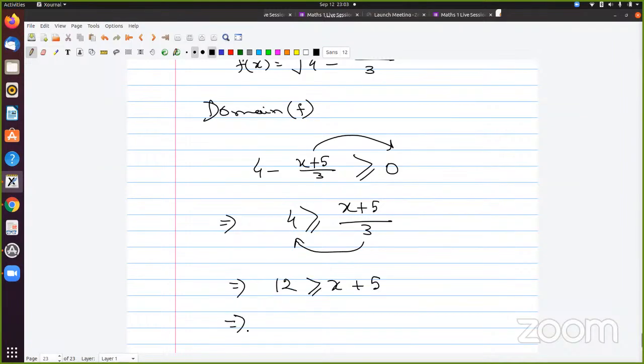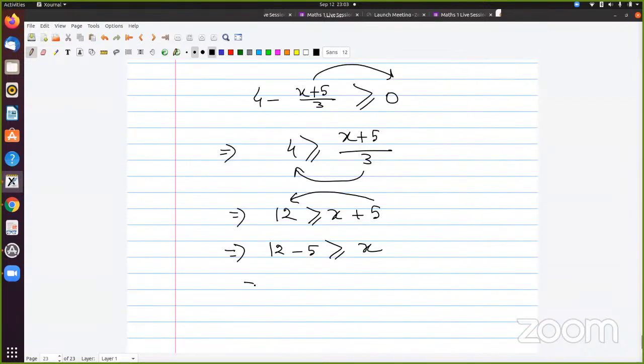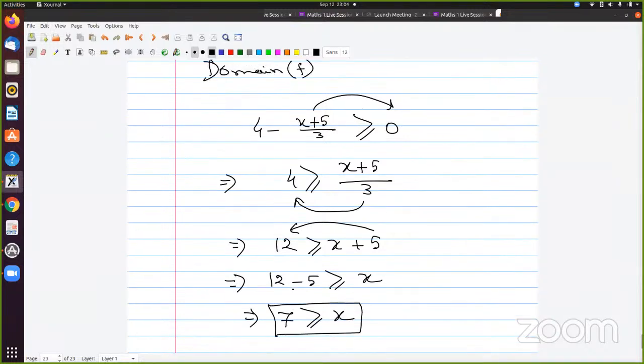Taking 5 on this side, 12 minus 5, so 7 is greater than or equal to x. So this is your solution: x is less than or equal to 7.